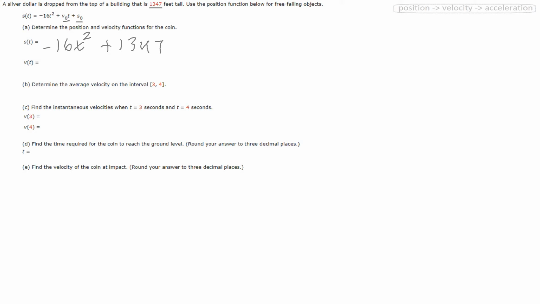We're just going to implement the power rule.